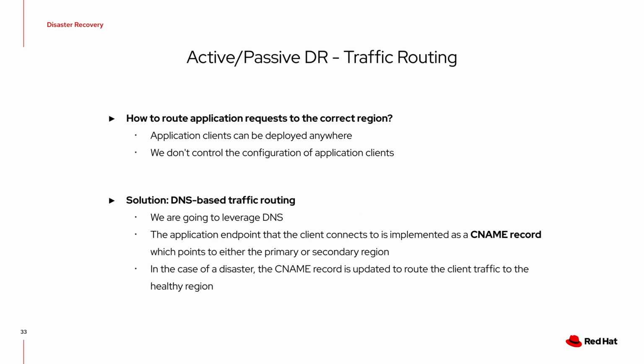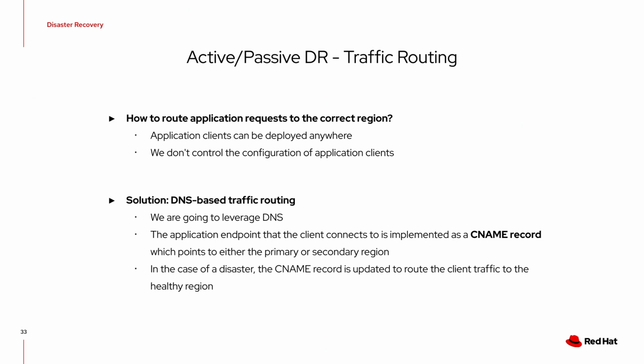So the solution which we came up with was to use DNS-based traffic routing. For that, we leveraged DNS and the fact that we were able to configure DNS records. So for each application endpoint, for each application, we have a CNAME record in DNS.